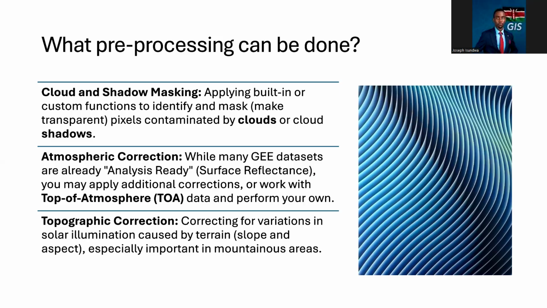This is mostly terrain correction, right? And this is correcting the variations in solar illumination caused by terrain, slope and aspect, especially in mountainous areas. So sometimes when dealing with aerial imagery, we are trying to do something, for example, vegetation mapping.